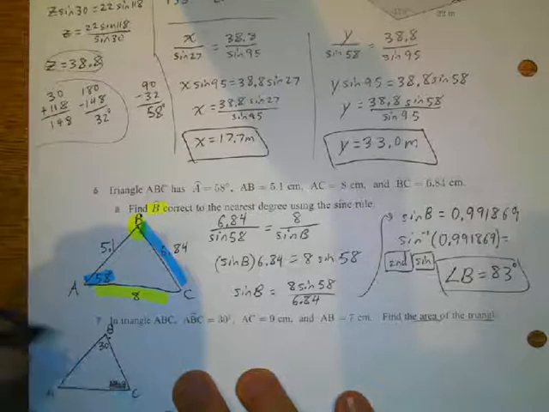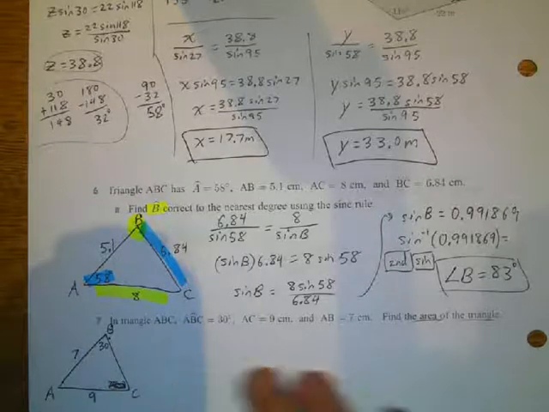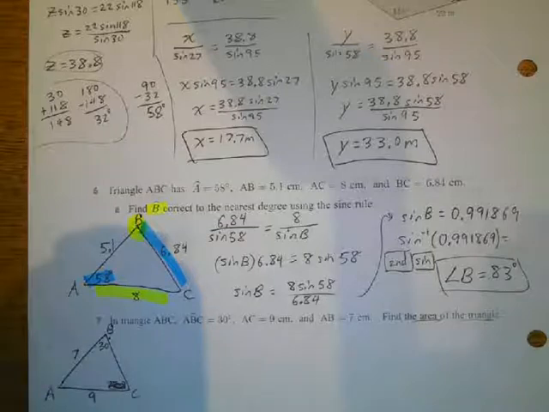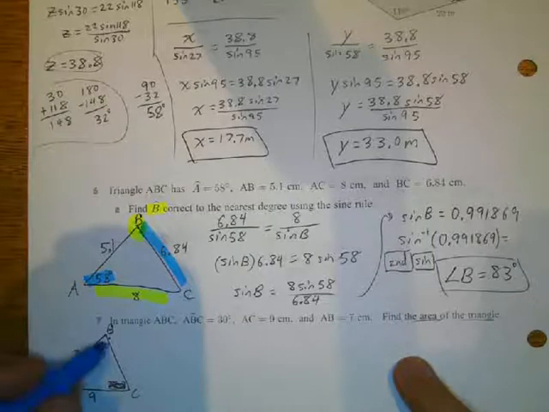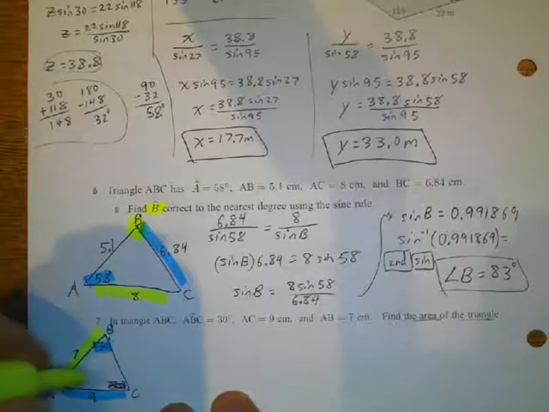Oops. This is 9, this is 7, and so we need to figure out this angle here. But first, we've got this angle and this side, and with this side, we can figure out this angle.